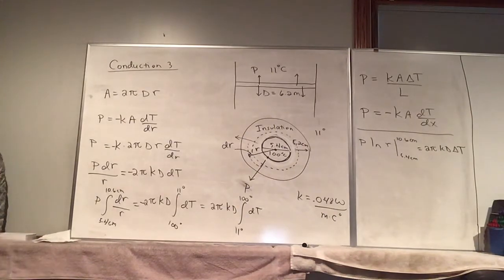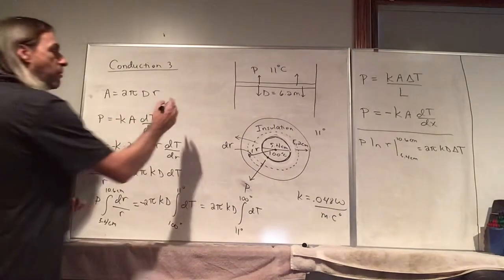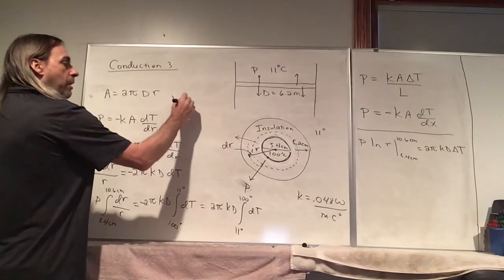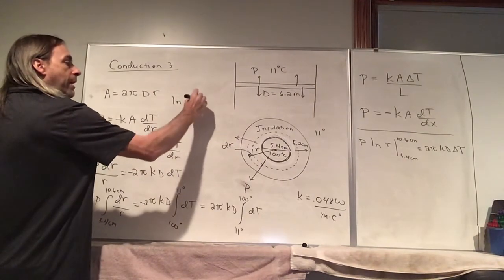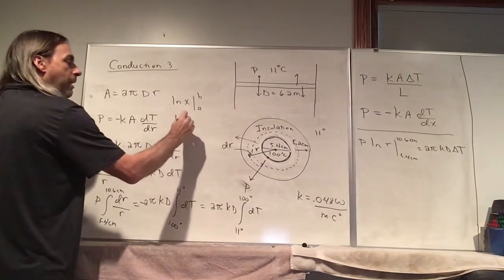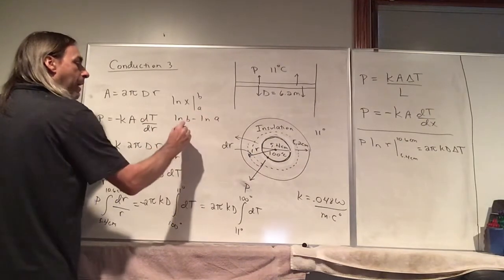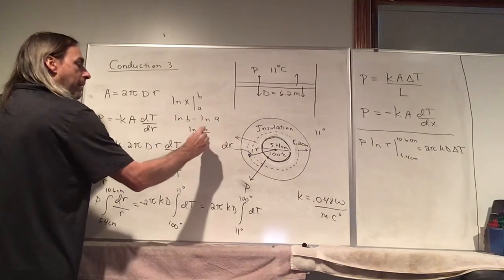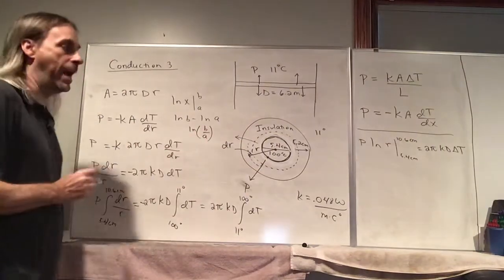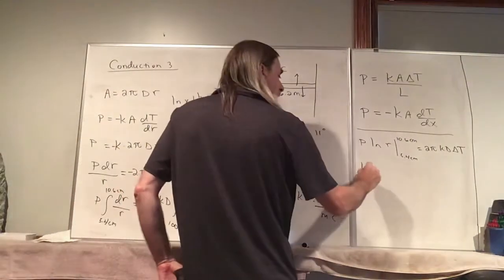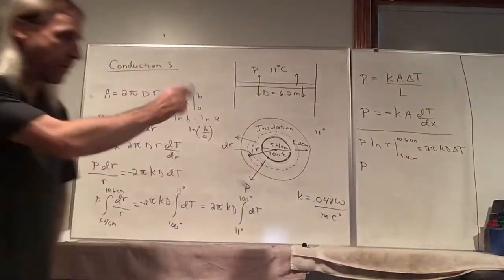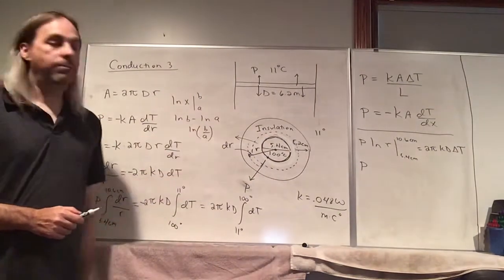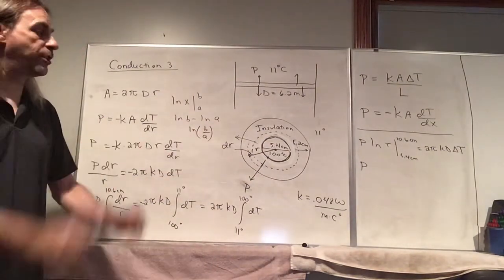In general, the natural log of x evaluated between a and b is ln b minus ln a, or ln b over a. So we have P times the natural logarithm of that fraction.